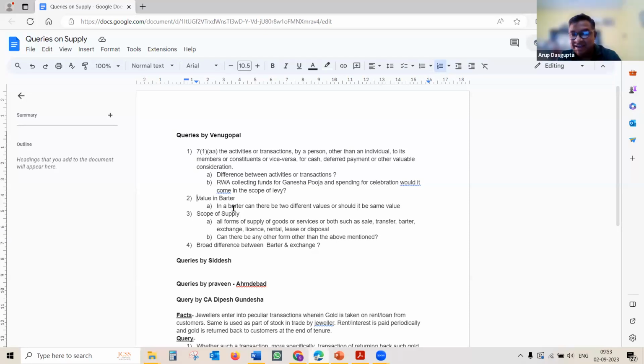As Arpit sir has mentioned, he has also read this particular Rule 27, that the value of supply shall be the open market value of such supply. The same analogy can be noticed in case of supply of development rights.